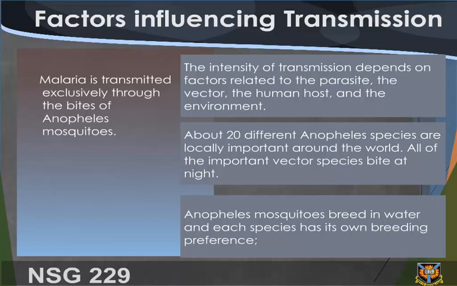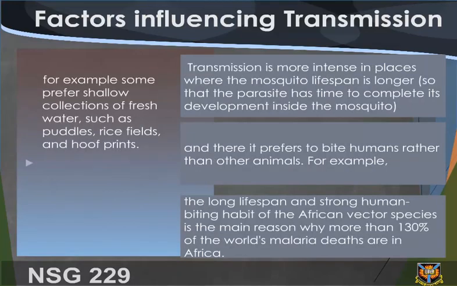All of the important vector species bite at night. Anopheles mosquitoes breed in water, and each species has its own breeding preference. For example, some prefer shallow collections of fresh water, such as puddles, rice fields, and hoof prints.